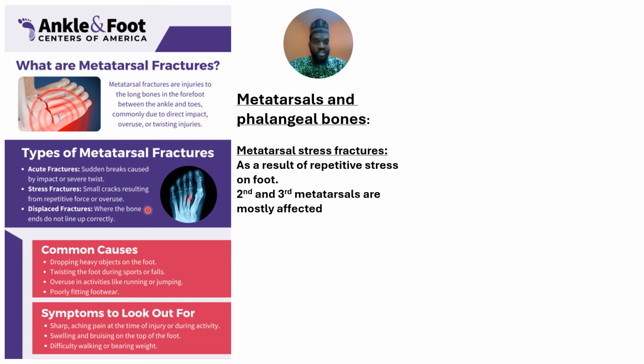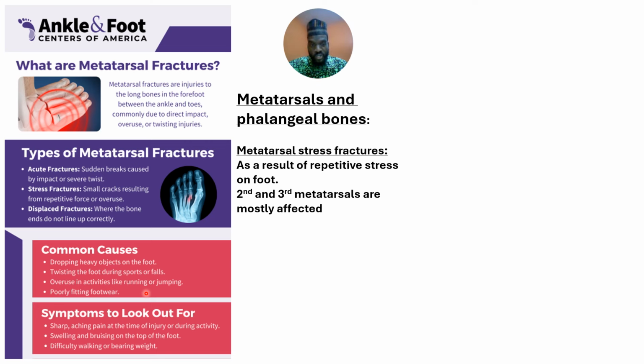Displaced fractures occur where the bones end up not lining up correctly. This could result from heavy objects dropping on the foot, twisting the foot during sports, overuse in activities like running or jumping, or poorly fitting footwear.